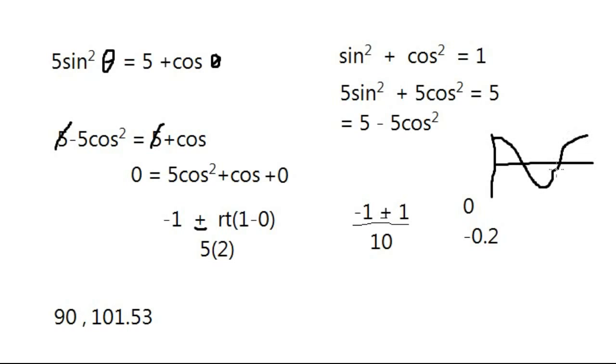In this case, I'm sketching a cosine curve. This is +1, this is -1, and this is 180. I cannot do graphs. This is 90 degrees, and this is 270.